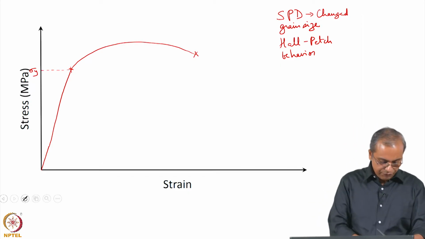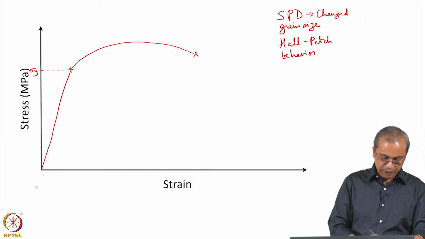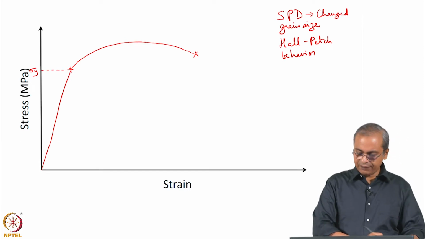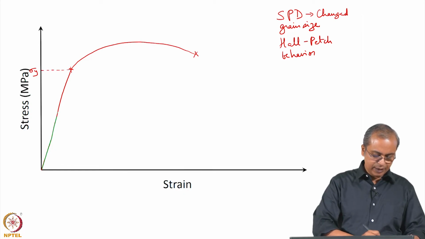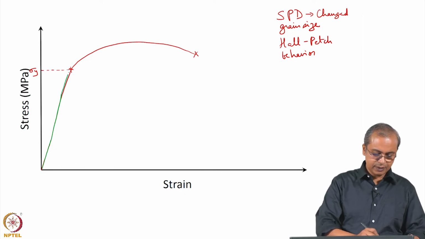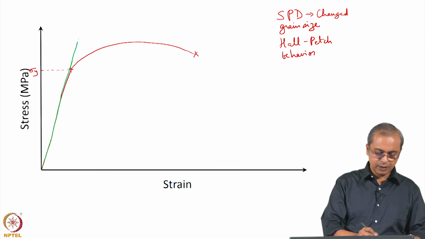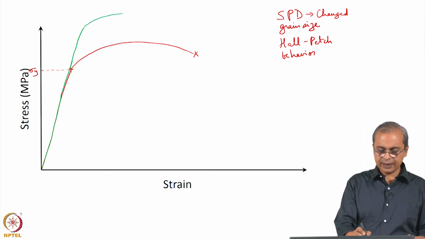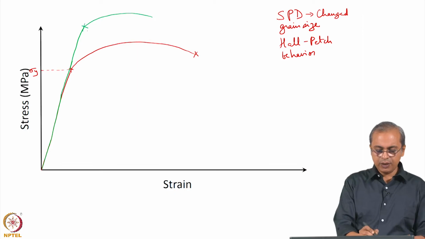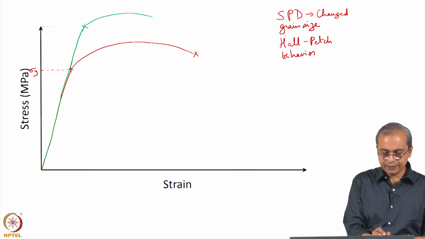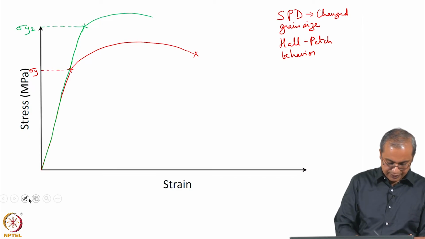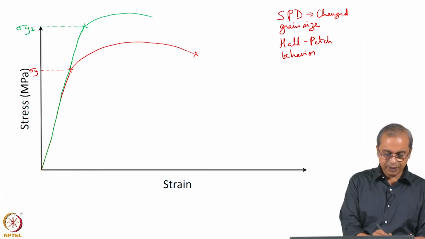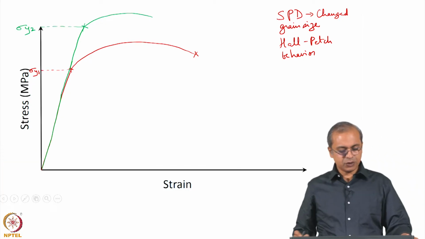If the system is following Hall-Petch behavior, then after you have done severe plastic deformation, you will see its behavior look like this, and something like that, right. So, now its yield strength will be like this. If we call the original one sigma y1, it now becomes sigma y2. So, it has gone up.